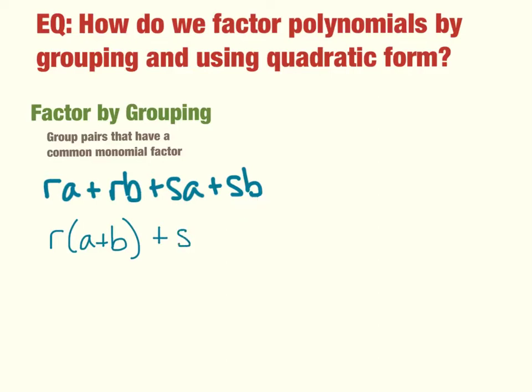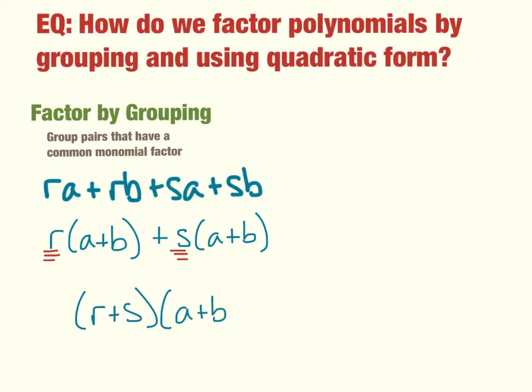So S times A plus B. So here we have both the R and the S being multiplied by A plus B. So I can actually take the things that are outside and group them together, and I can say this is the same as R plus S times A plus B.